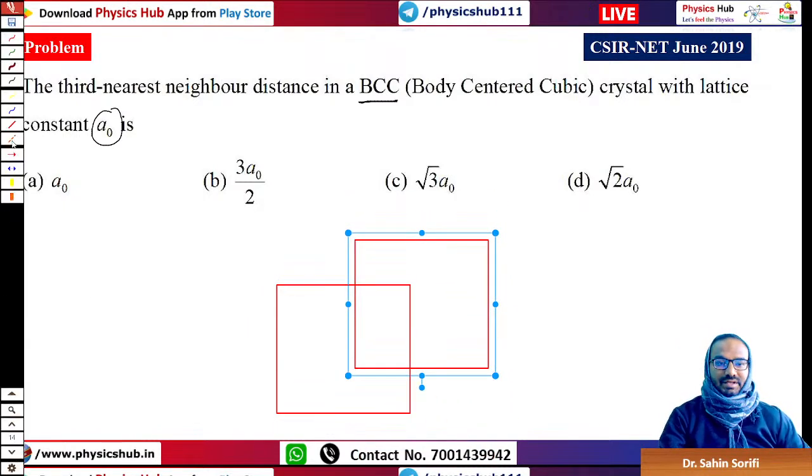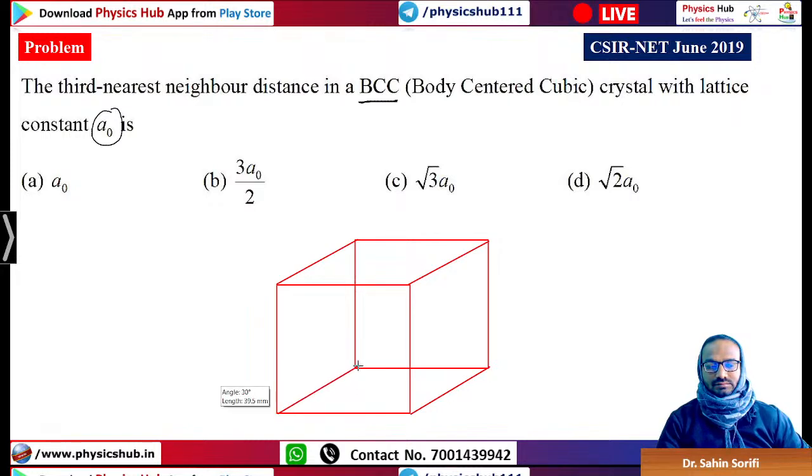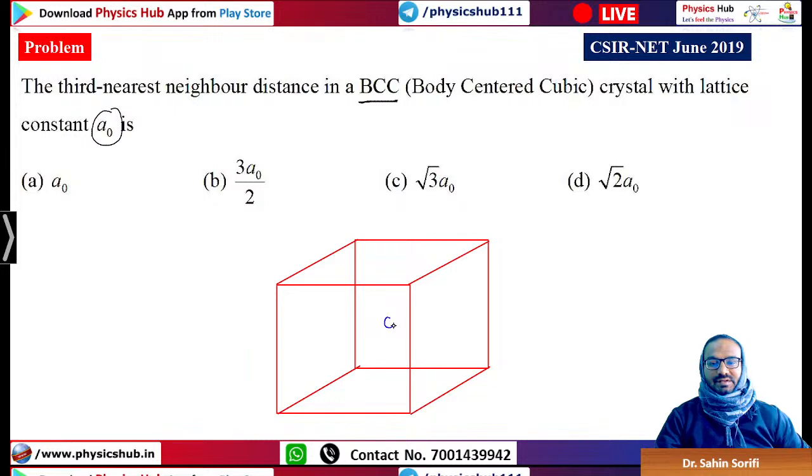C, root 3 a. Very good. This is the body centered atom.